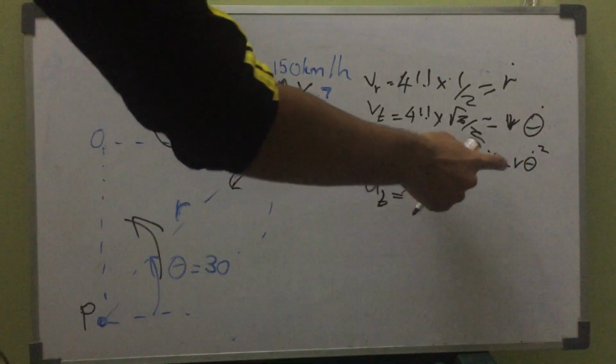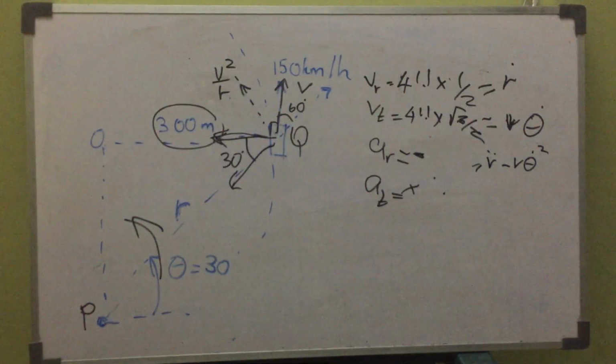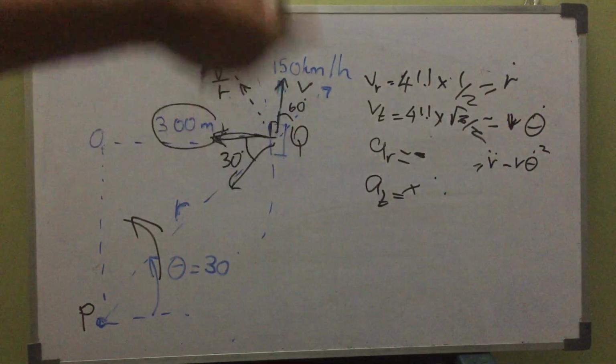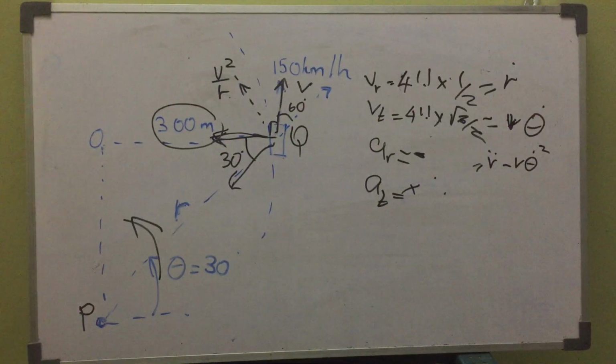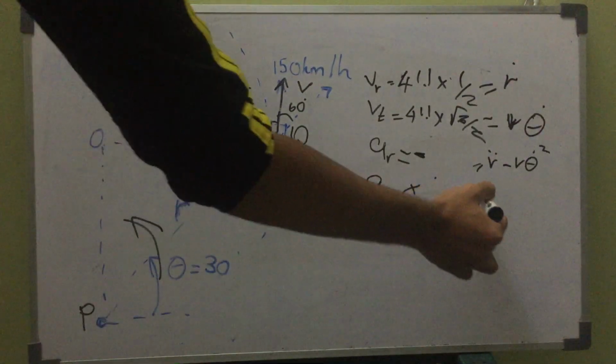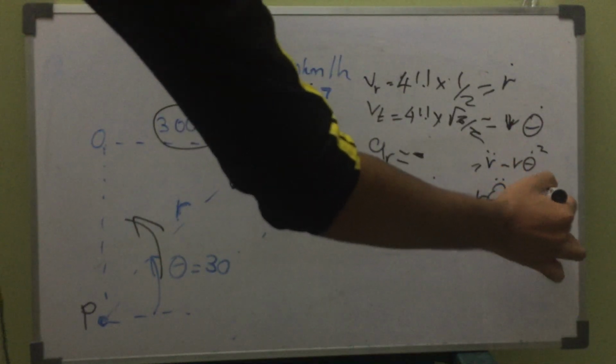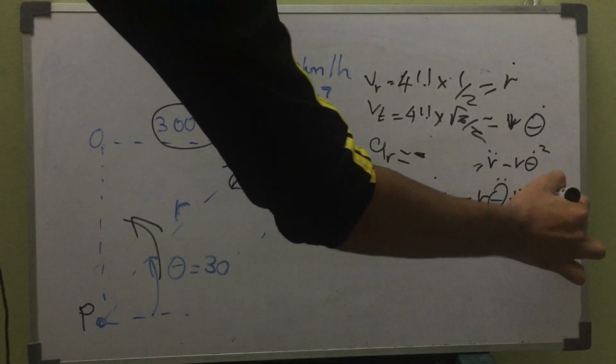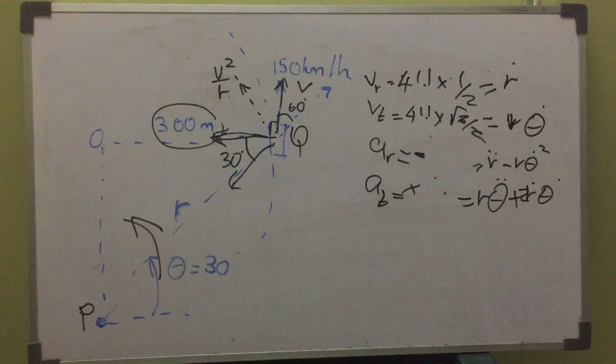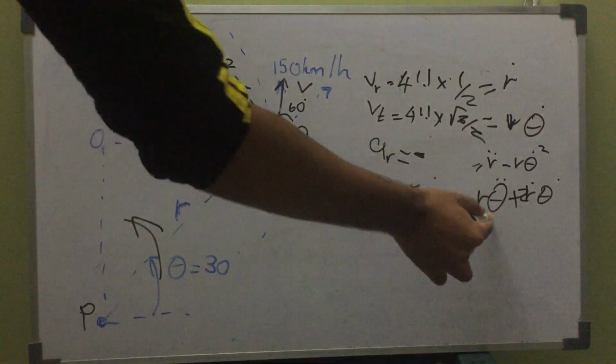So we don't need that because they haven't asked about that. They are only asking for the angular acceleration, which means theta double dot. So here the A transverse would be r into theta double dot plus 2 r dot theta dot. So we need to find the value for this theta double dot.